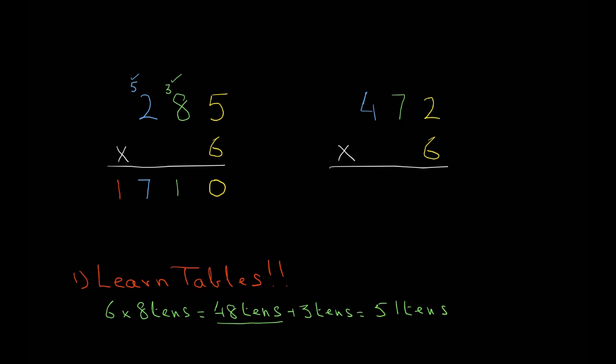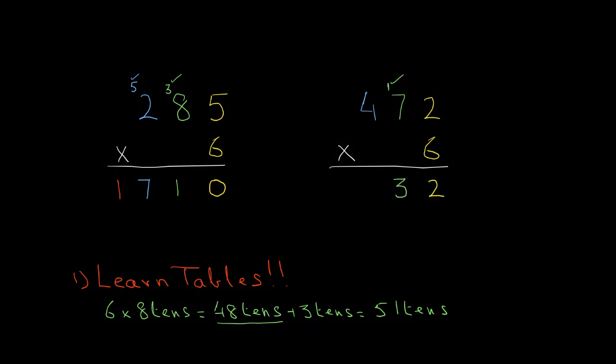Now let's do a different problem on the right together. I know 6 twos are 12, so I keep the 2, and the 10 ones get converted into 1 ten that I store over here. Now 6 multiplied by 7 tens is 42 tens, and 42 tens added to this 1 ten makes 43 tens. I show the 3 tens over here, and the 40 tens get converted into 4 hundreds.